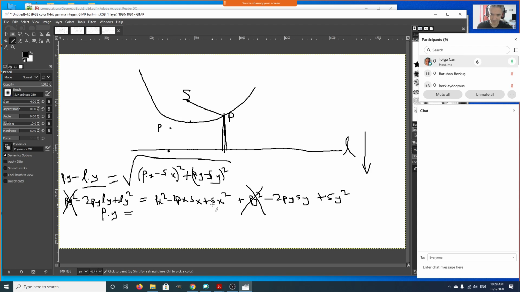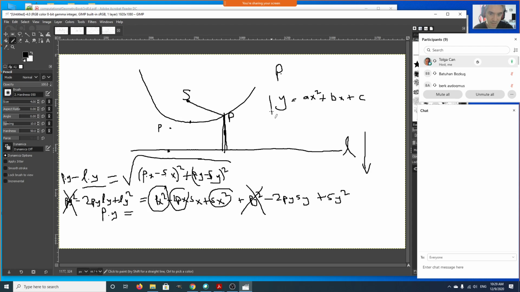We know the coordinate of s, we know where the sweep line is, so these are our constants. And there will be some px squared terms, px terms, and some constant terms. In other words, it will be an equation like y equals ax squared plus bx plus c.